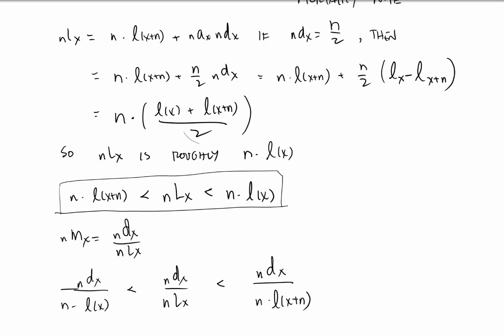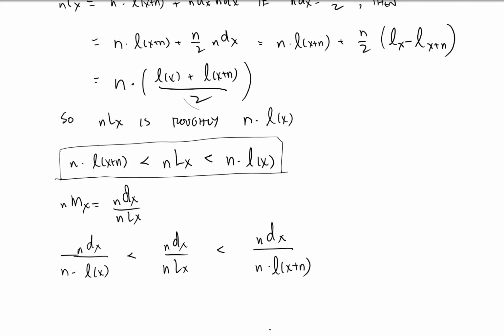Now we notice that nmx is just our rate, which is the deaths, ndx, divided by the person-years, nLx. So if the denominators are ordered in the way in the box, then when we take the reciprocal, we flip the inequality sign, or we can write the inequality backwards.